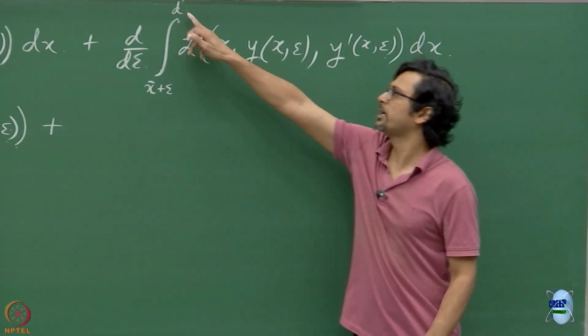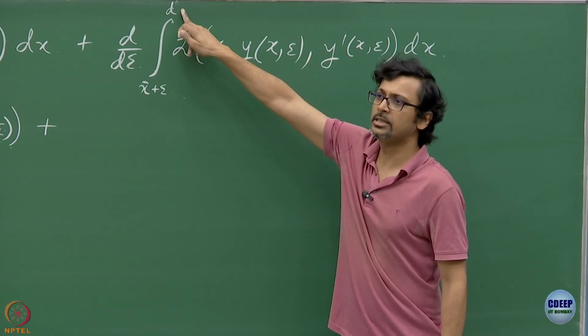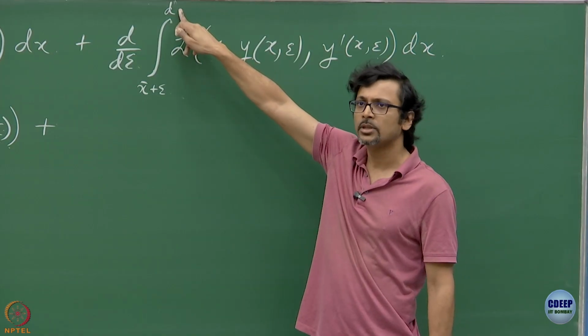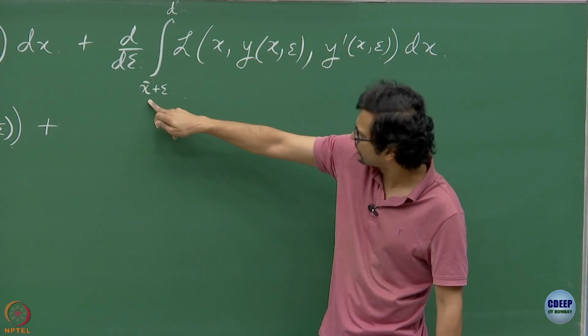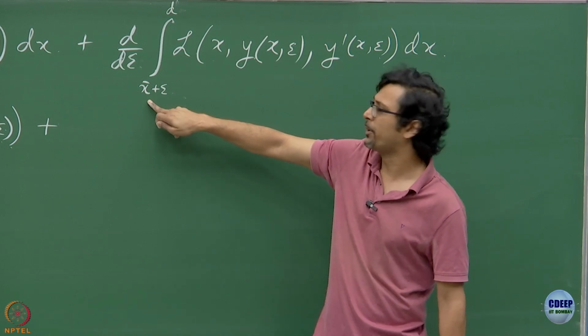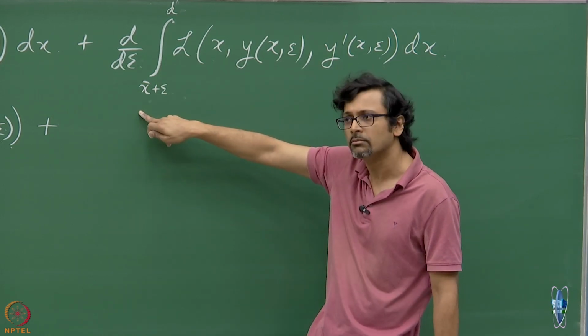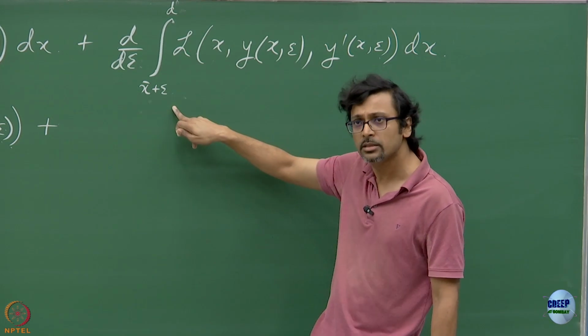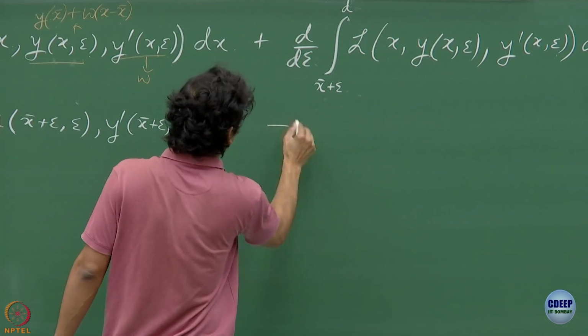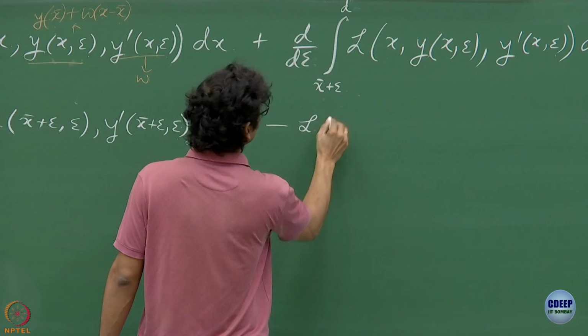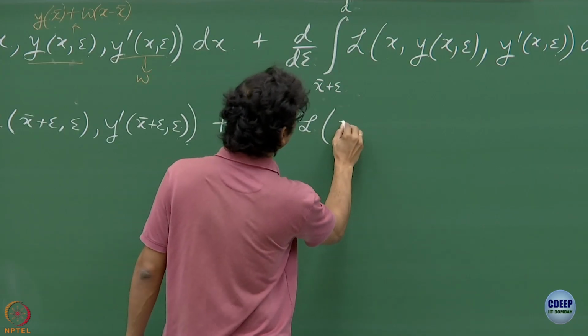What about this? Of course, once again you see the upper limit is not a function of epsilon. So when you differentiate d with respect to epsilon, you get 0. The lower limit differentiated with respect to epsilon gives 1, but because it gets subtracted, so there will be a minus 1. Upper limit minus lower limit in Leibniz rule, so minus. So you straight away write minus L. What about this?